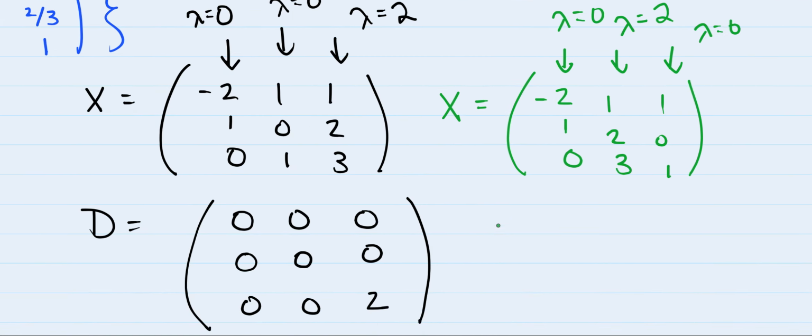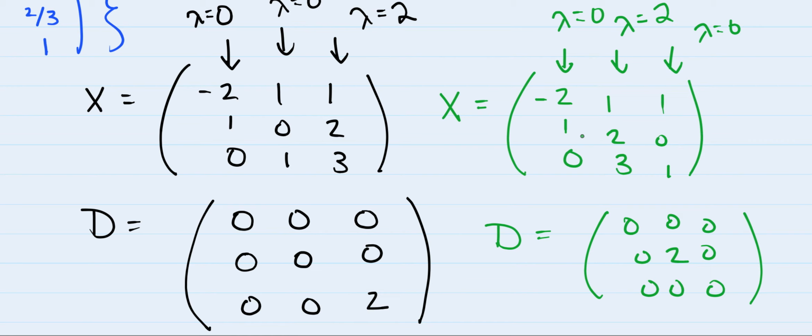The only difference is your diagonal matrix is going to be 0, 2, 0, like this. Okay, and of course you can switch those as well. You could put the 1, 0, 1 here and the -2, 1, 0, and you'd get the same thing. Or you could put 1, 2, 3 first and put the 2 here. Anyway, the order doesn't matter, but just be careful that however you order this matrix X, that determines what goes on the diagonal. Okay?